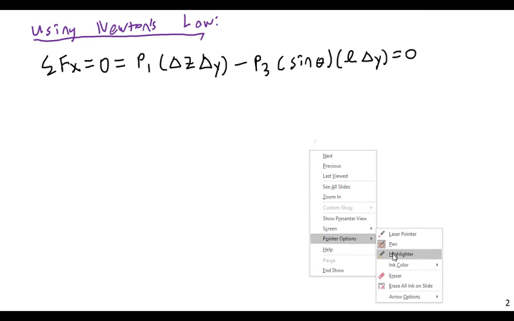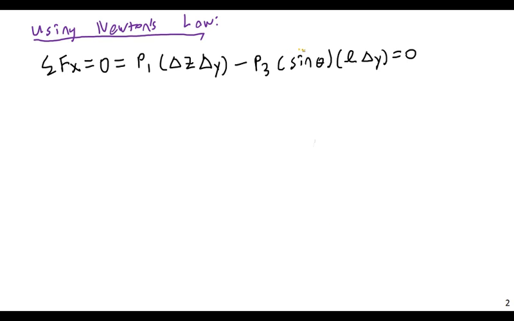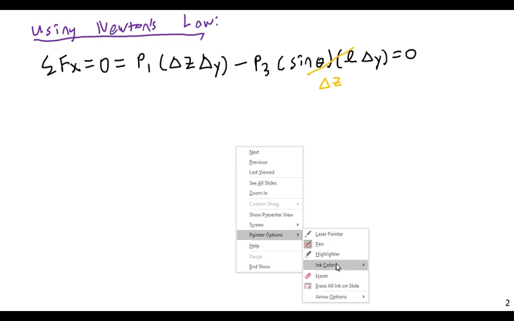However, something interesting is going to happen now. If I look at my geometry, L sine theta is actually just equal to delta z. Let me write it out here and show a little more work.